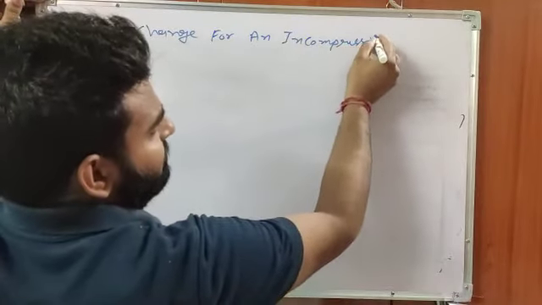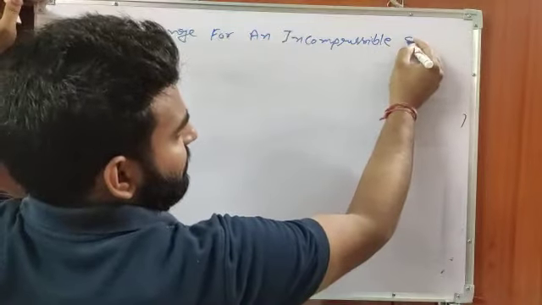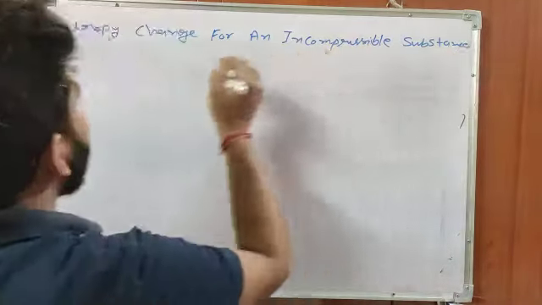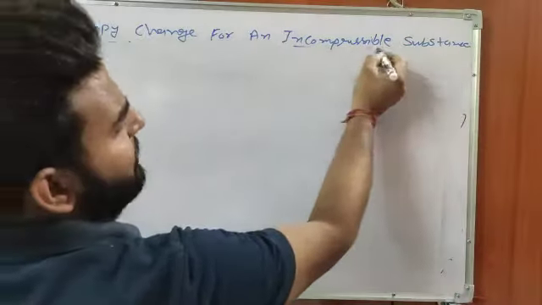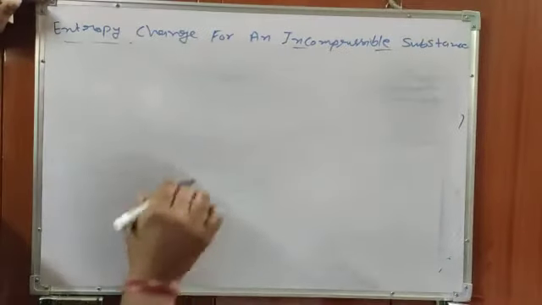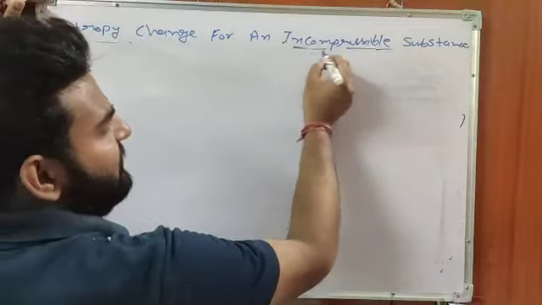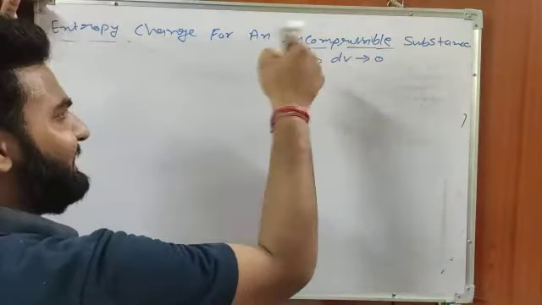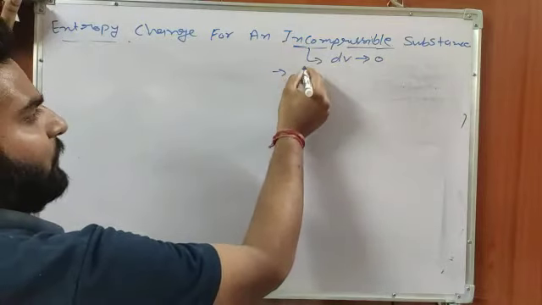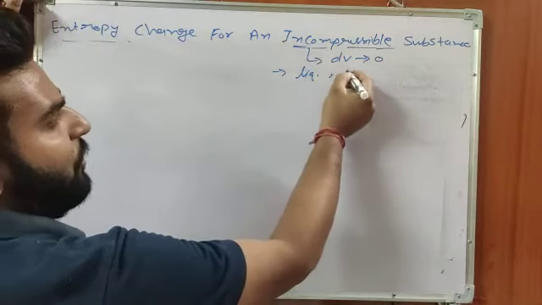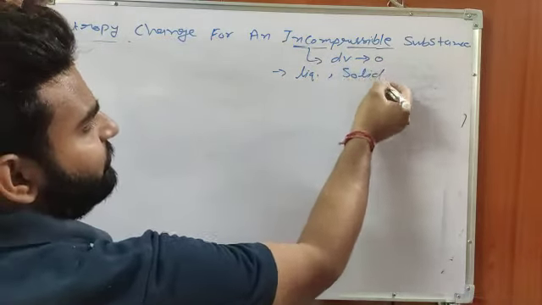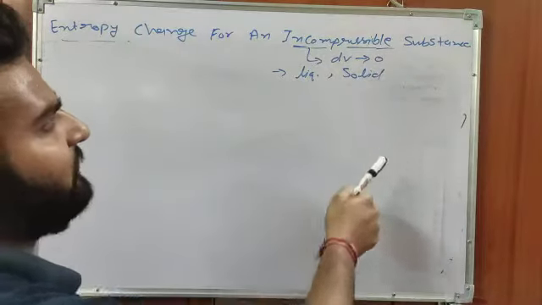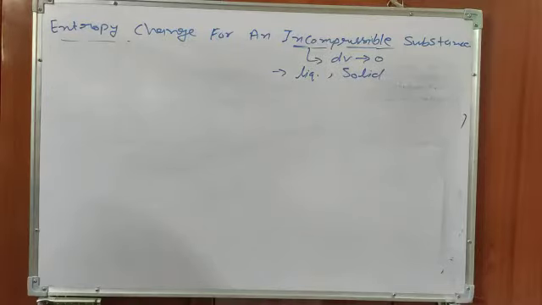Incompressible means the change in volume should be zero. It can be liquids or solids. How can you calculate the entropy change for liquids and solids?